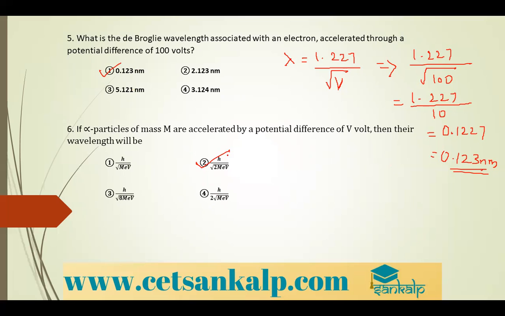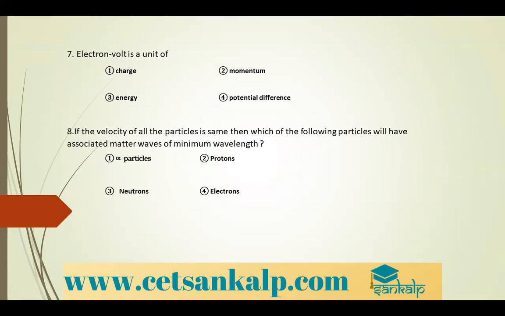We have already studied the formula in the synopsis. Okay, next, an electron volt is a unit of energy. If the velocity of all the particles is the same, then which of the following particles will have matter waves of minimum wavelength? It is nothing but alpha particles.